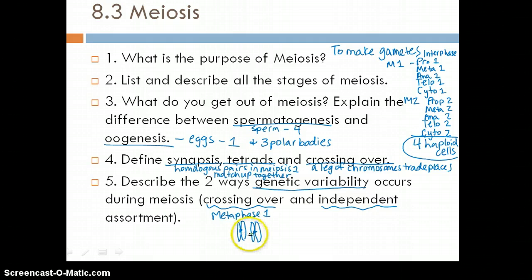And basically the legs here trade places and allows for genetic variation. Independent assortment is in anaphase 1. Chromosomes will separate or sort themselves independently of each other. They aren't dependent on one another to determine which way they go, like to which cell they go to.